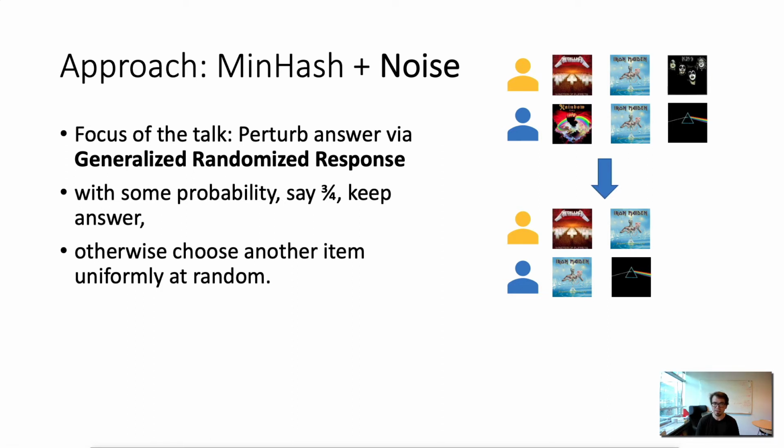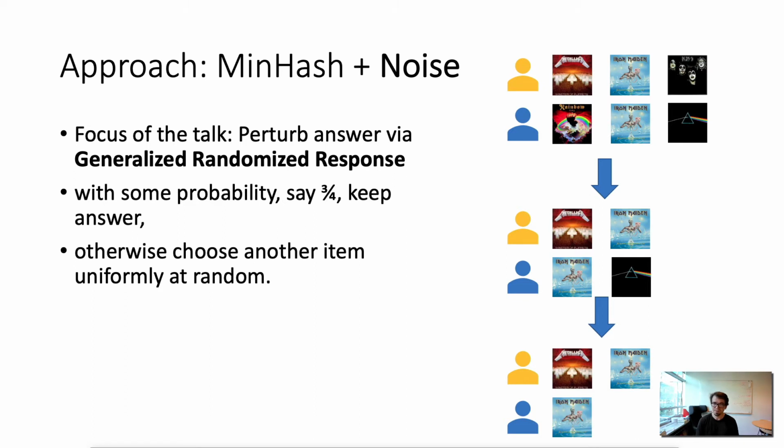What this means is that users go through their elements one by one, and individually they make some coin flips. Let's say with probability 3/4, they would keep the answer. So for example, yellow does some coin flips and keeps the answer, here keeps the answer, and blue keeps the answer.